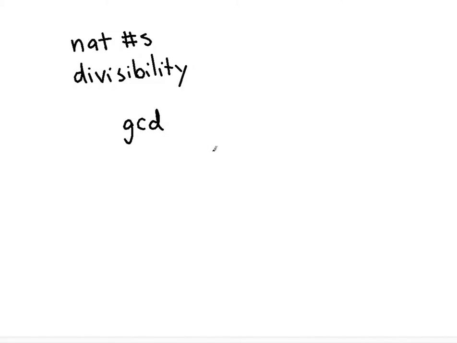Well, what is the GCD of no items? Well, it'll be a number, T, such that given any other number, Z, natural number Z, Z divides this thing.